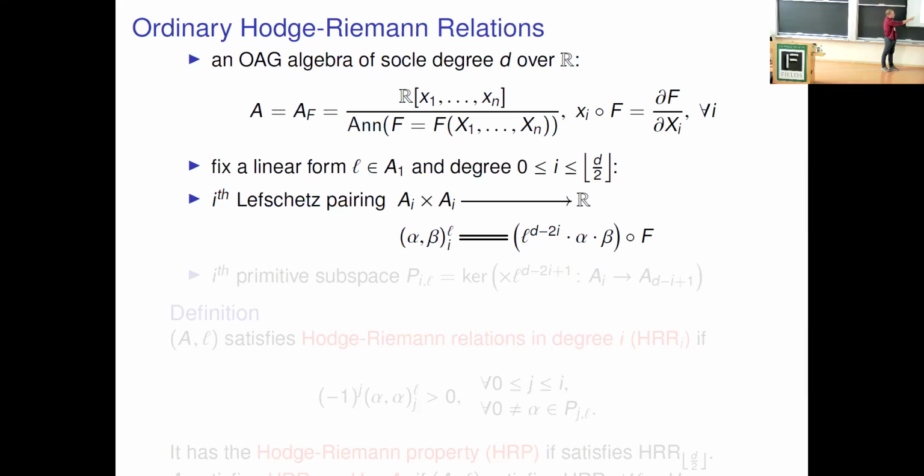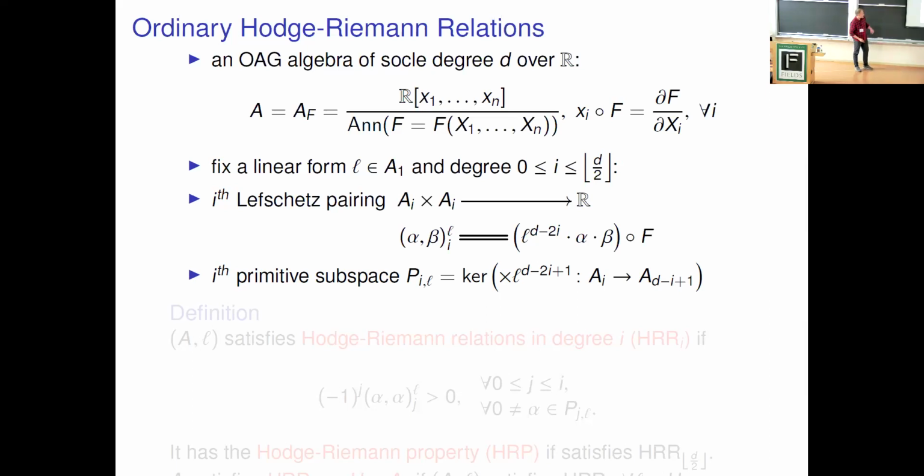I multiply two forms of degree i to get up to degree 2i, and then I apply multiplication by the linear form to the d minus 2i to get up to degree d. Then I integrate, applying that differential form to F, and I get a real number. This is a symmetric bilinear pairing, which may or may not be non-degenerate, depending on whether L is Lefschetz or not. And then I define the ith primitive subspace to be the kernel of multiplication by the linear form to the d minus 2i plus 1.